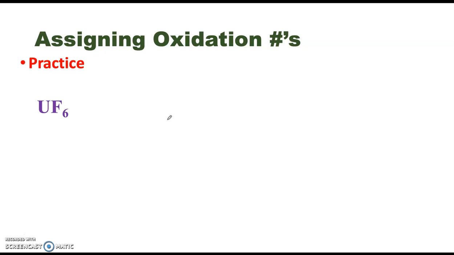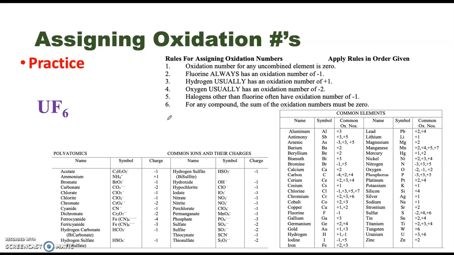Okay, so let's practice. So we've got UF6. Now, here's all of our resources on your yellow sheet. I kind of pulled them together here so you can see them all at once. The first thing I always like to do is, I know that the sum of all the oxidation numbers has to add up to 0. In order for it to add up to 0, there has to be a positive and a negative half.